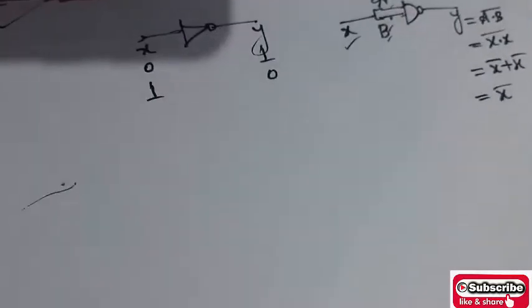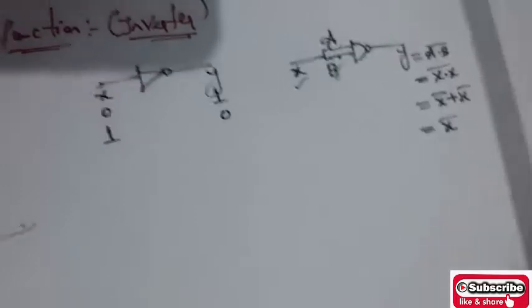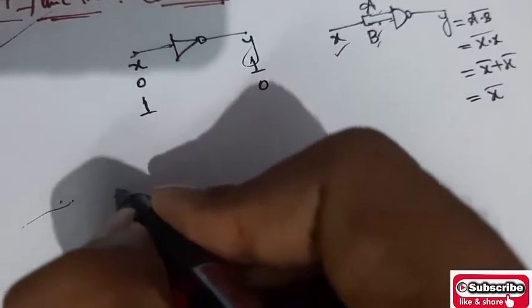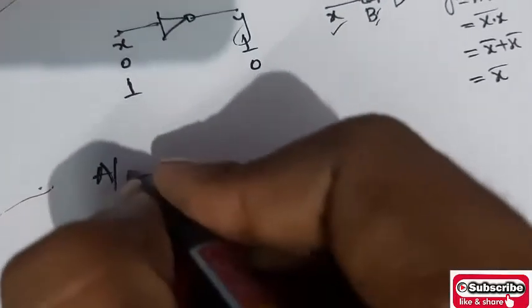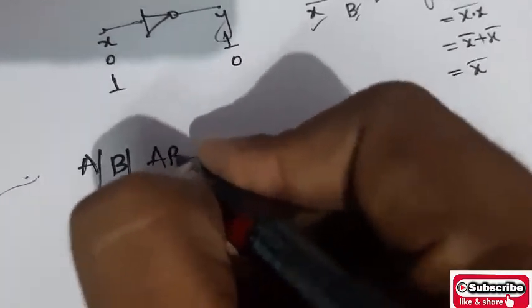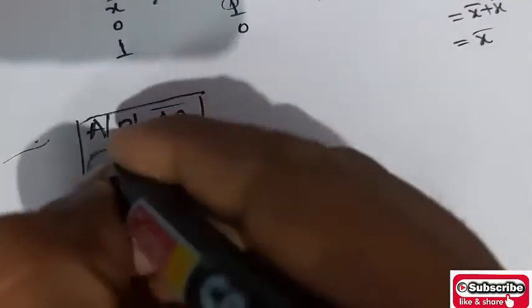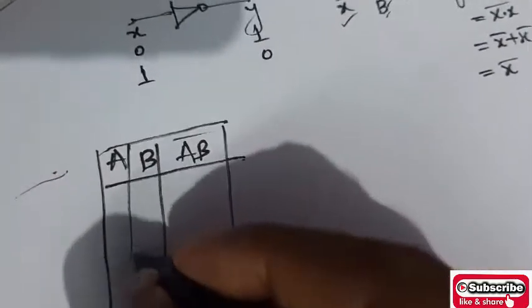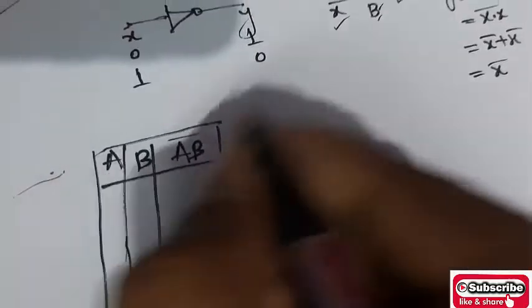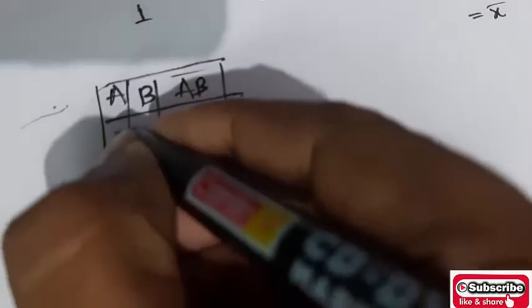Let's see the truth table for the NAND gate. If you take the input A, input B, and output (A dot B) bar. For two inputs, you will get four input combinations.